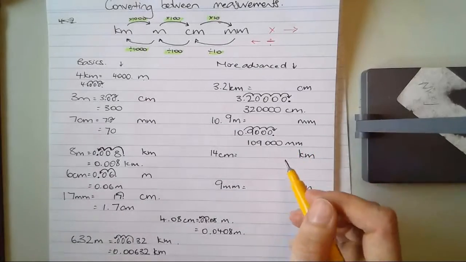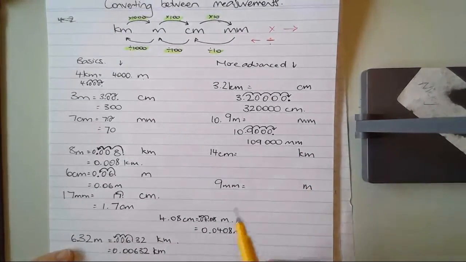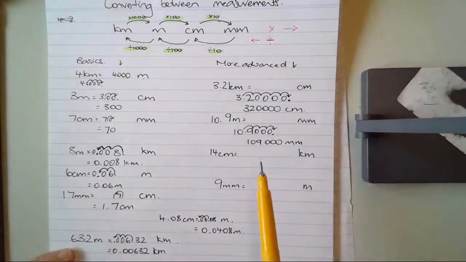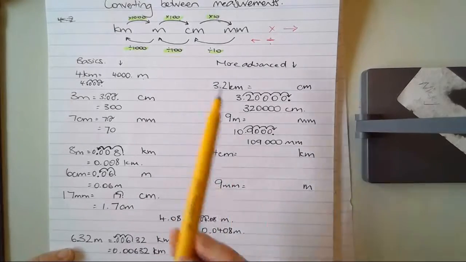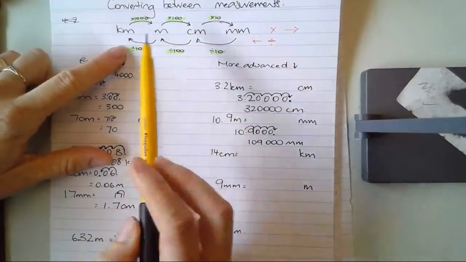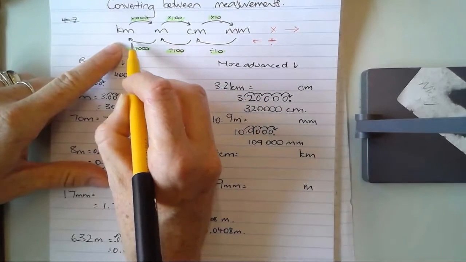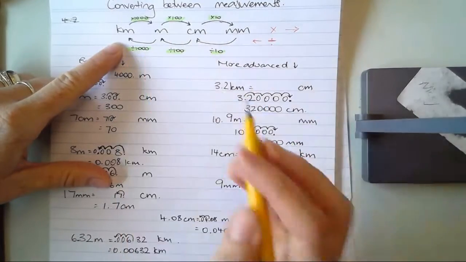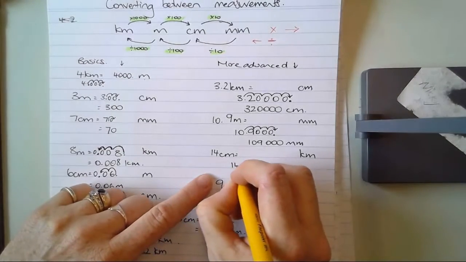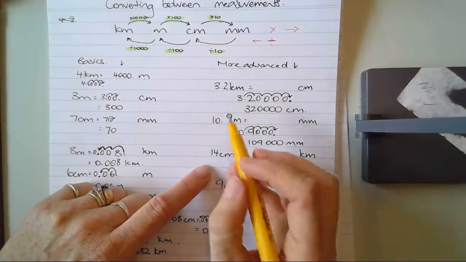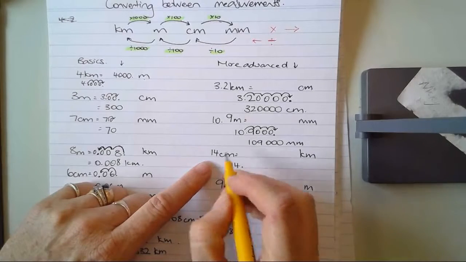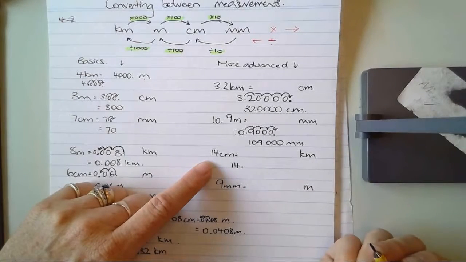Now we're going the opposite direction, because these two are going to be dividing, because we're going from centimeters to kilometers. Again we've got centimeters, 1, 2, over to kilometers, 3, 4, 5. So 5 decimal places. Now this question doesn't have a decimal in the actual question, so it's at the end of the number.